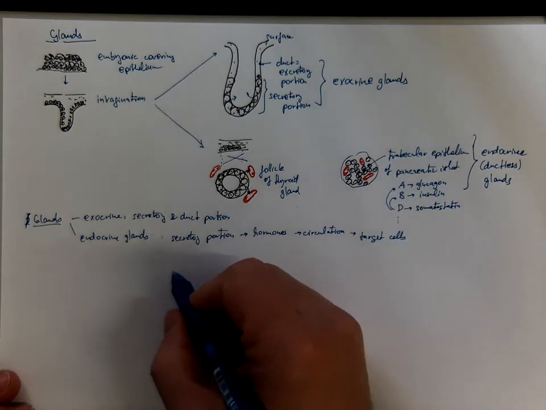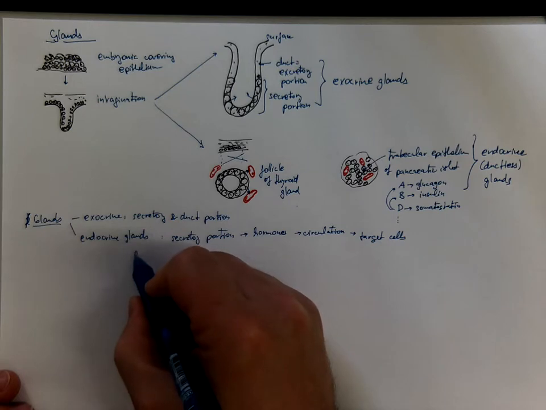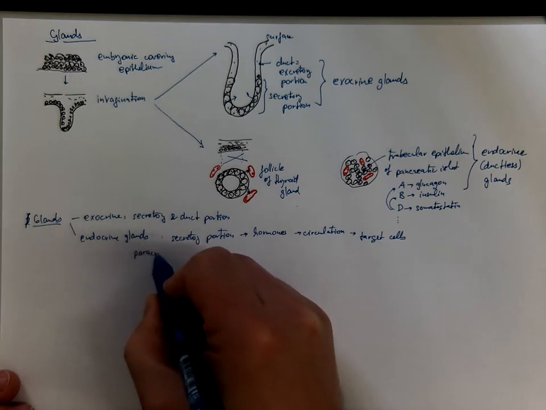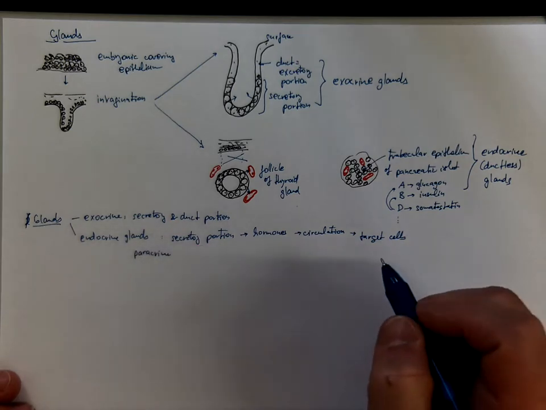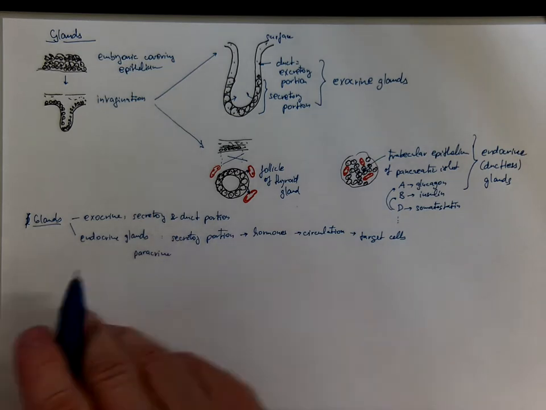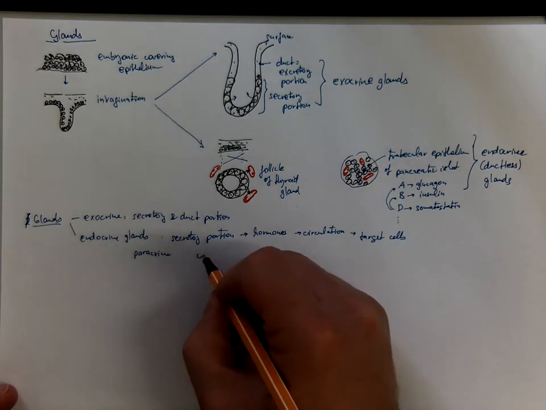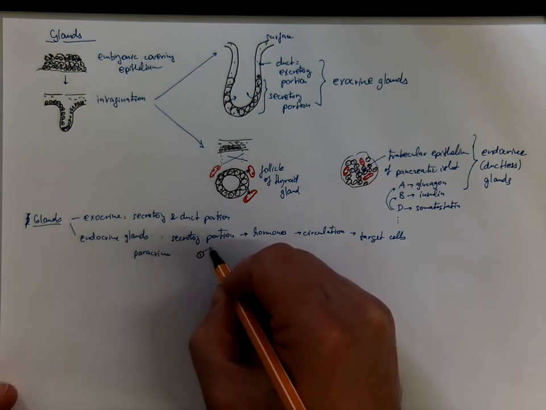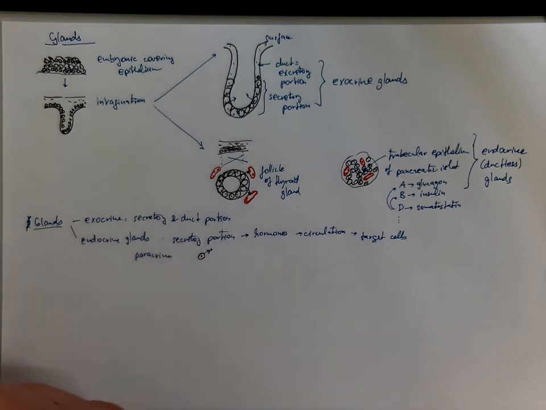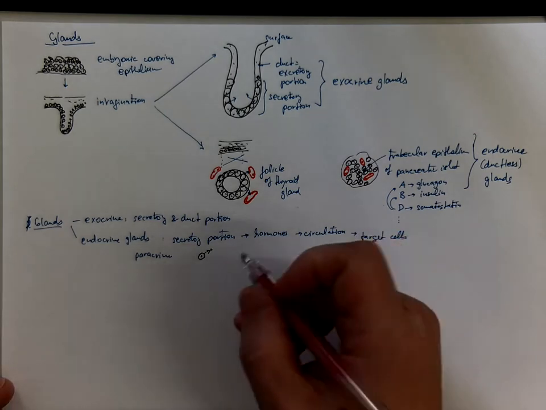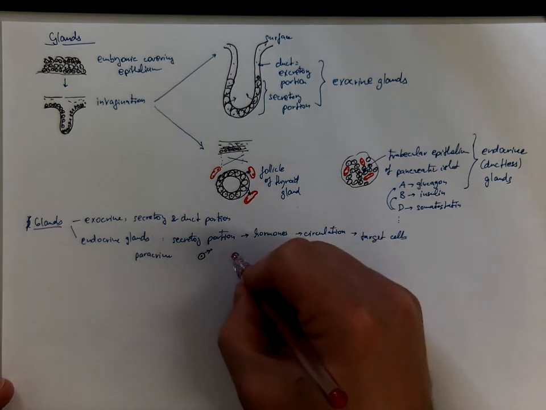However, you will encounter situations such as paracrine, a mechanism where the cells that are producing some hormone are very close to the target cells with the receptors.